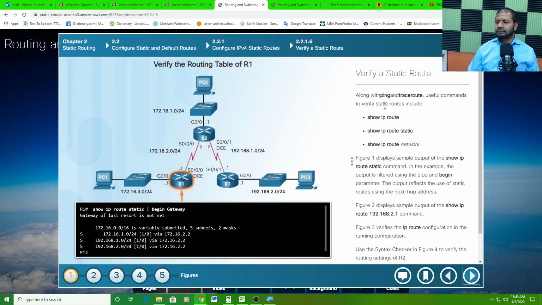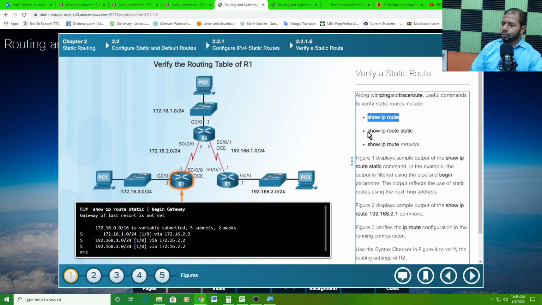Next, verify a static route. And anything on a Cisco router or switch, Cisco equipment, that we verify, we use the show command. Show IP route, that is the command to display your routing table.